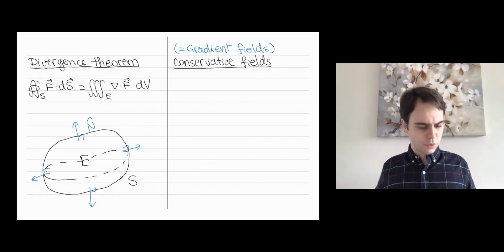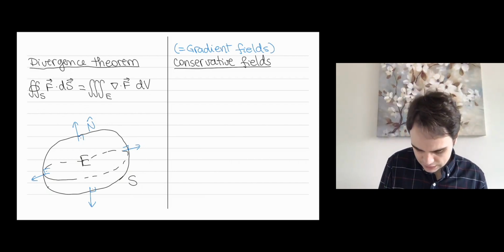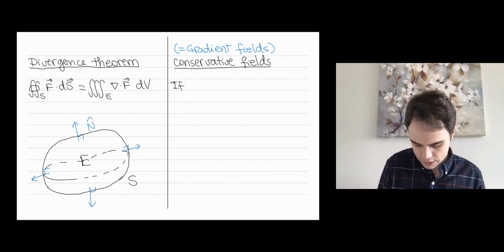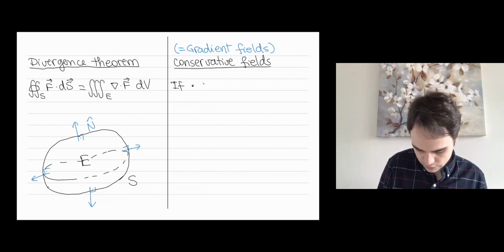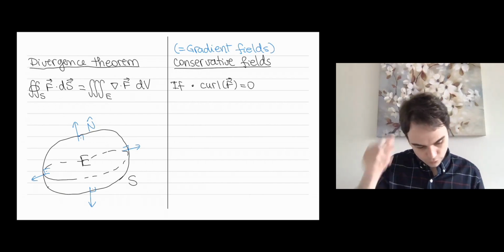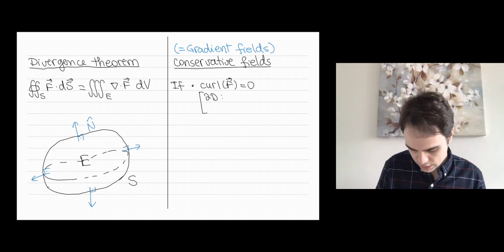So we learned about a test for conservative fields. The test has two conditions. First, the curl of F is 0. In 2D, this means that Q sub x is equal to P sub y.